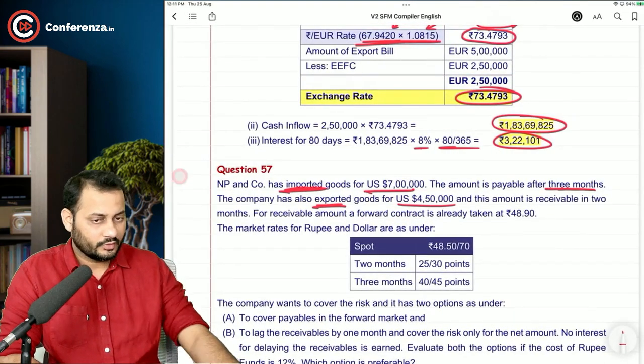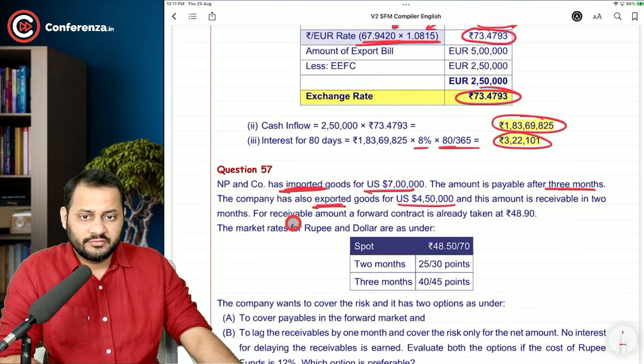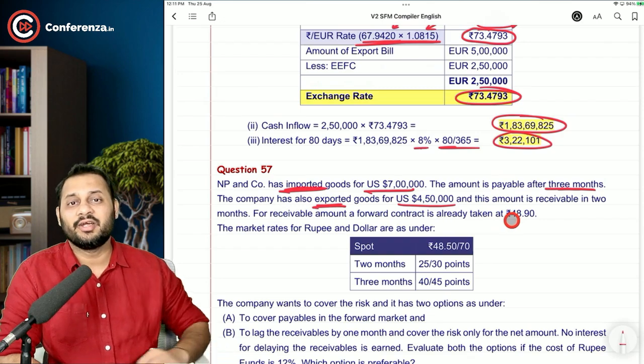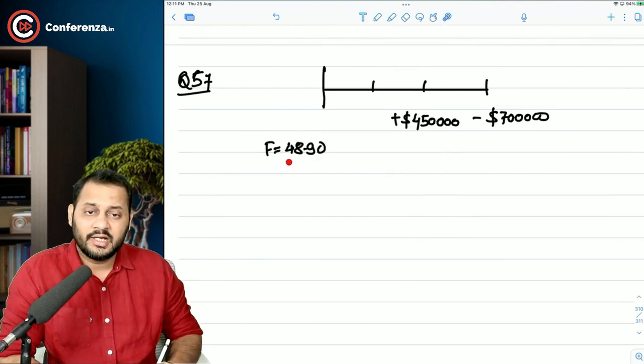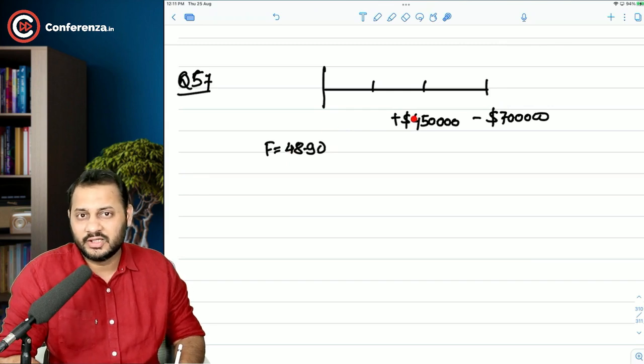Okay. For receivable amount, a forward contract is already taken at 48.90.